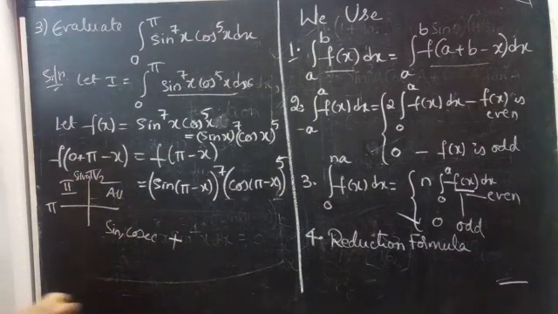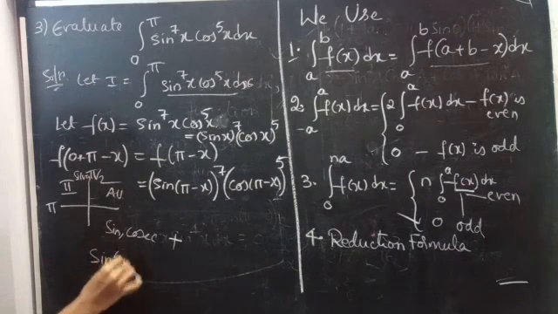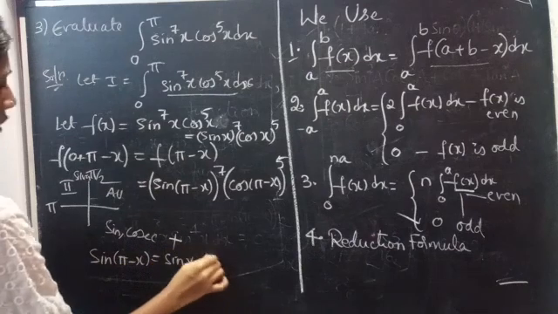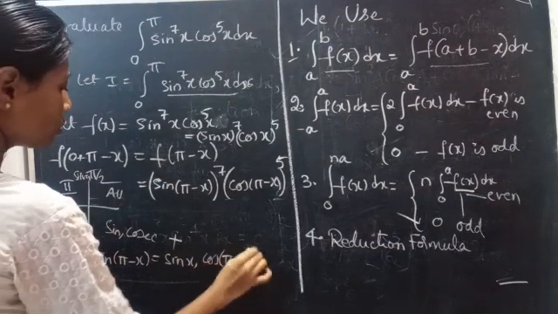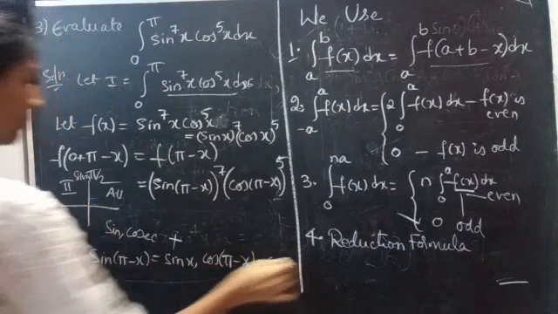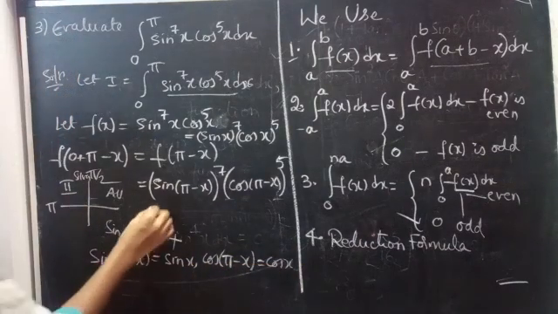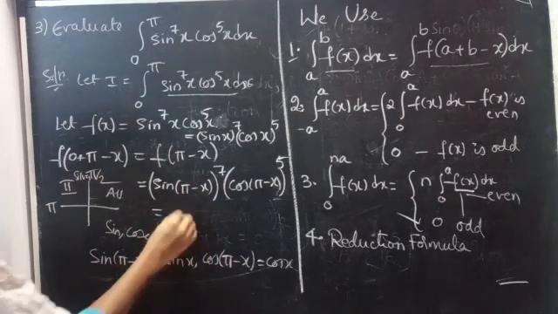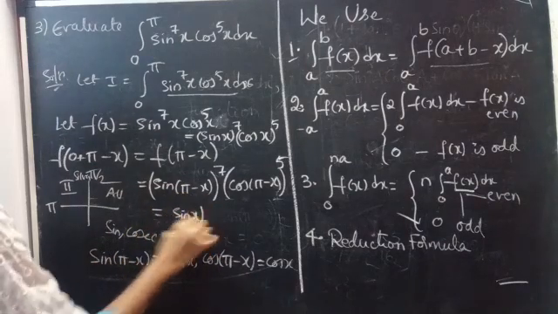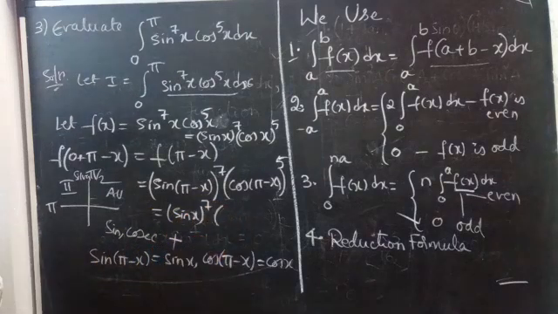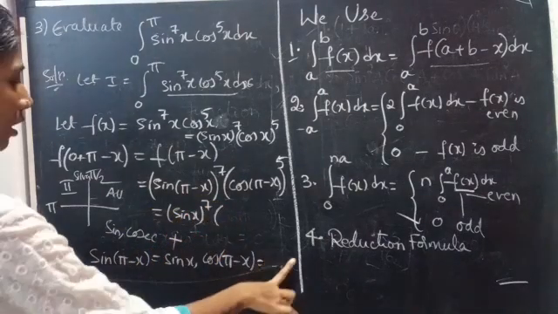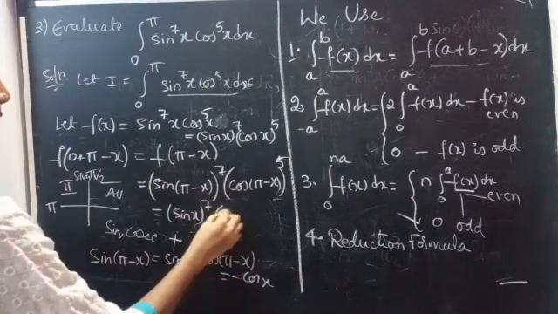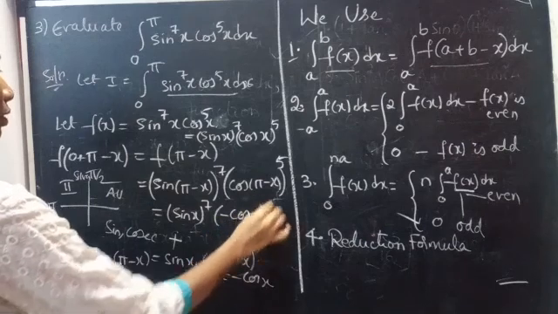That is, sine of pi minus x equals sine x and cos of pi minus x equals minus cos x. So now replace sine of pi minus x with sine x, that is, sine x whole power 7 into cos of pi minus x, which is minus cos x, whole power 5.